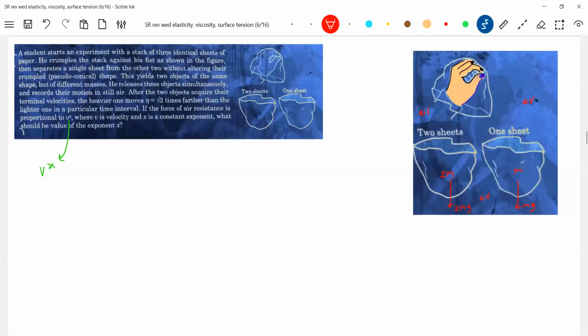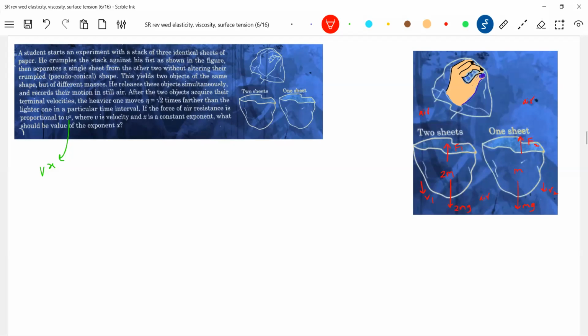Then, let the velocity of this be v1, velocity of this be v2. I'll explain because I can't draw the diagram again. I'm taking help of this one. So what is the force that will be acting here? Viscous drag F1, and the force here will be F2. So what can be F1? It's proportional to alpha, this one.